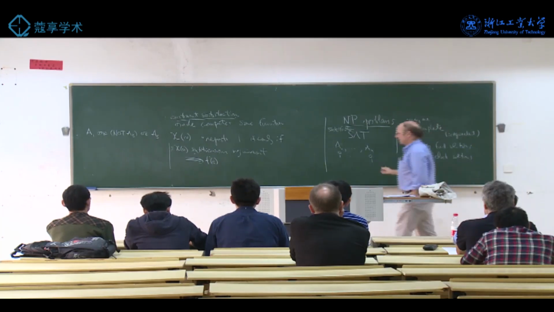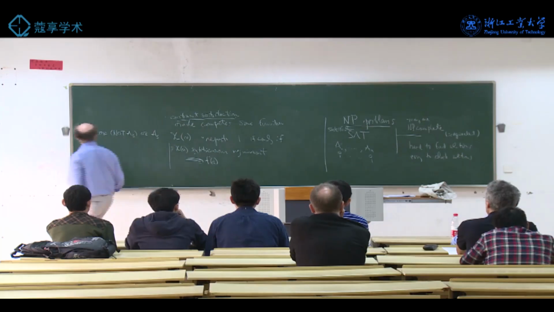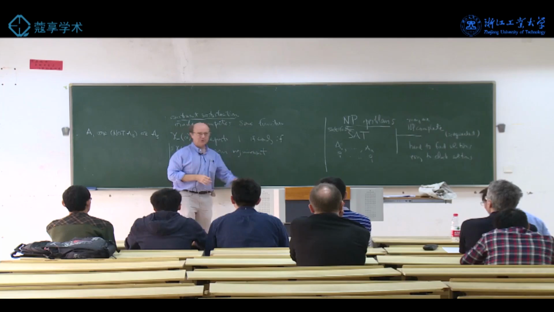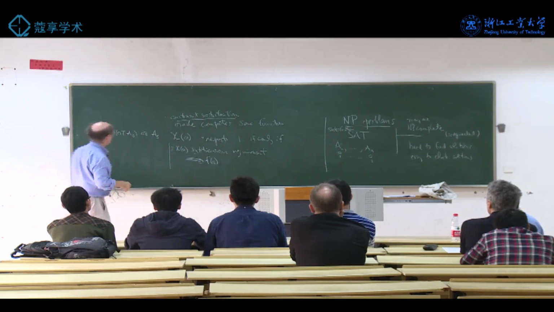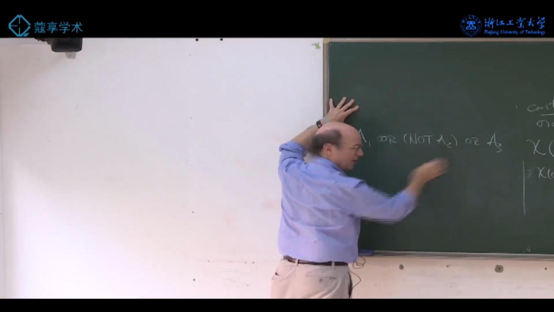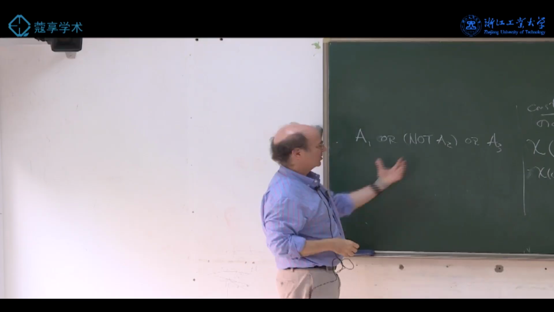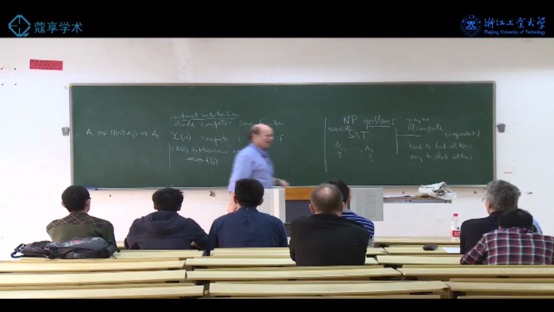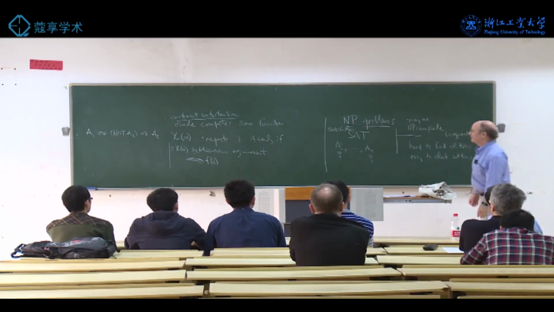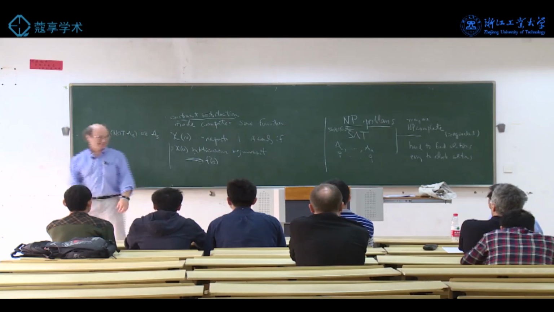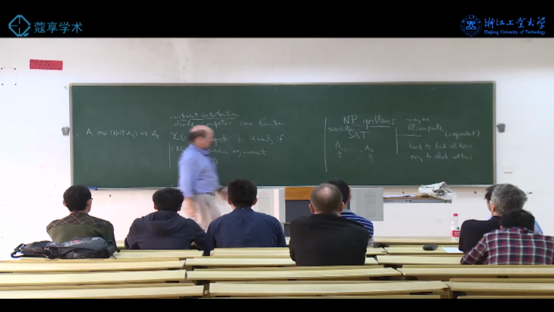And the question is, can you assign values to each of these variables such that all the propositions are true? For this one to be true, either A1 has to be true, or A2 has to be false, or A3 has to be true, but you don't know which, so exploiting this information is not so easy. If you have many, many of them, there are many, many possibilities, and checking that is very difficult. No one has found a good way to exploit that information in order to find solutions.